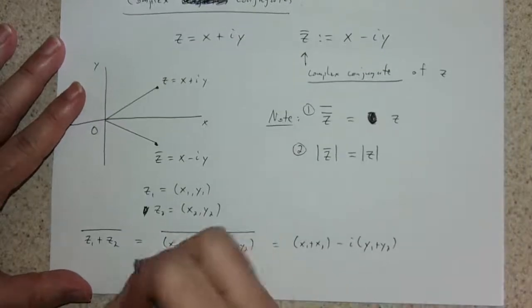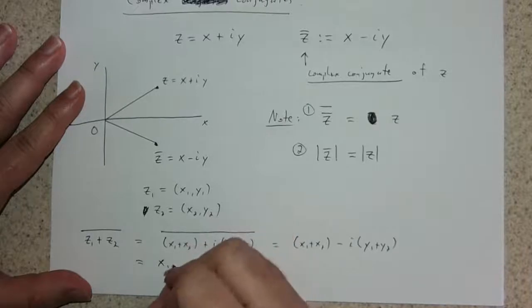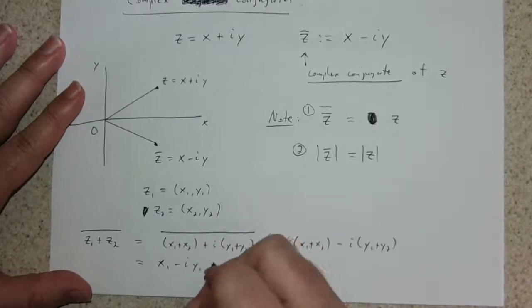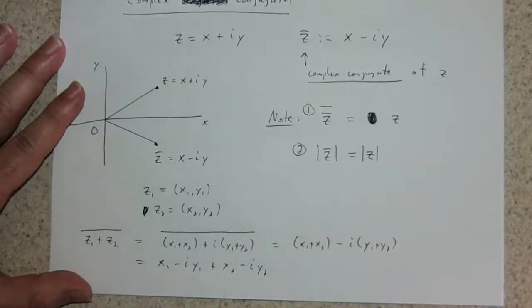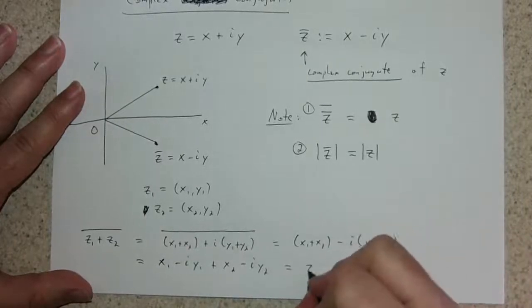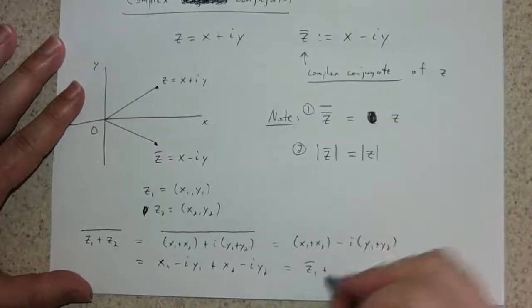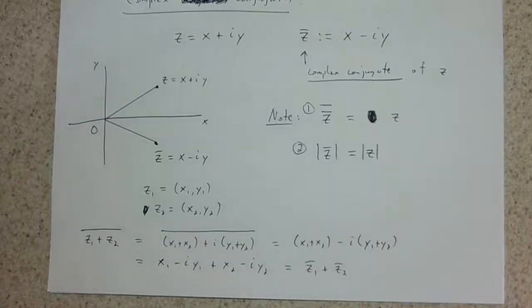Splitting these up, of course, I'm going to get x1 minus i y1 plus x2 minus i y2. I'm just distributing that minus i there. But what is this? It's the conjugate of z1 plus the conjugate of z2. So conjugation splits up across sums.